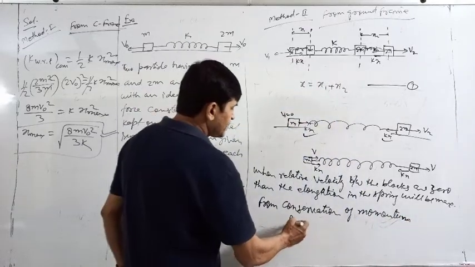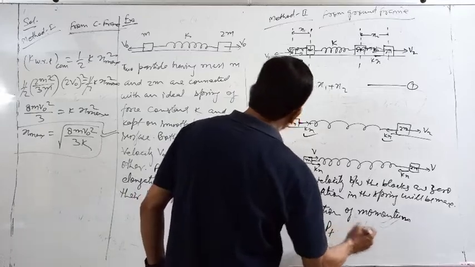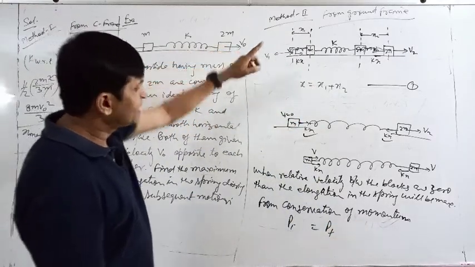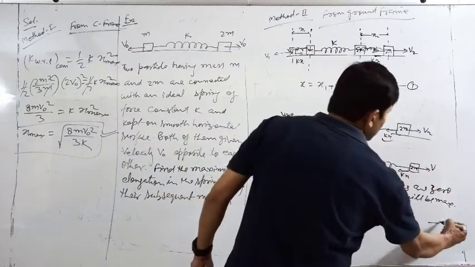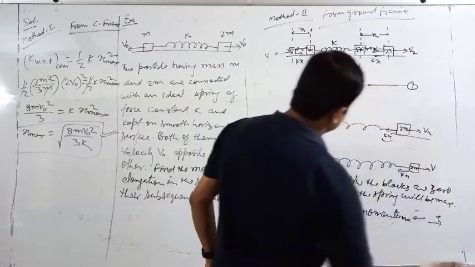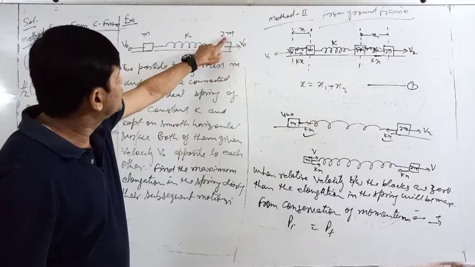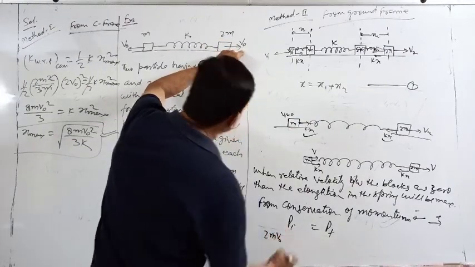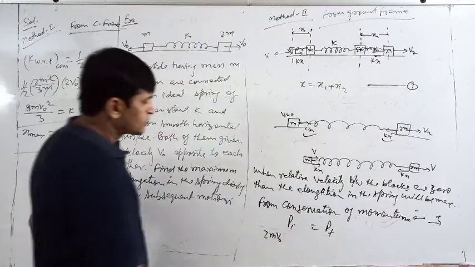So P initial equals P final. Initial means the initial time, the starting time here. Right side I will take positive and left side negative. Initial momentum is 2m into v naught for this block, and on this side minus mv naught.